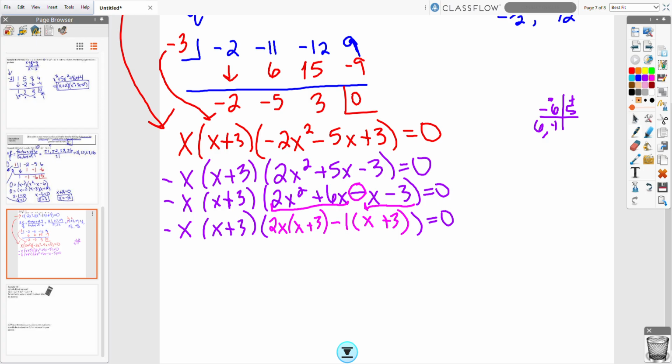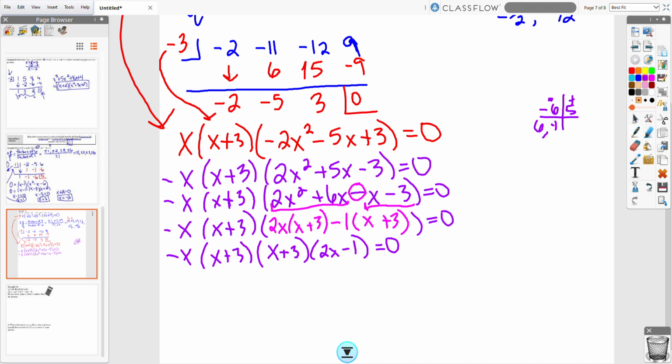So in our next step, we have our -x and our x plus 3 still hanging out there. And then we're going to factor out the x plus 3 here as a GCF. We're finishing grouping here. So when we divide that out, we're left with the 2x and the minus 1. And we are finally done factoring this one.